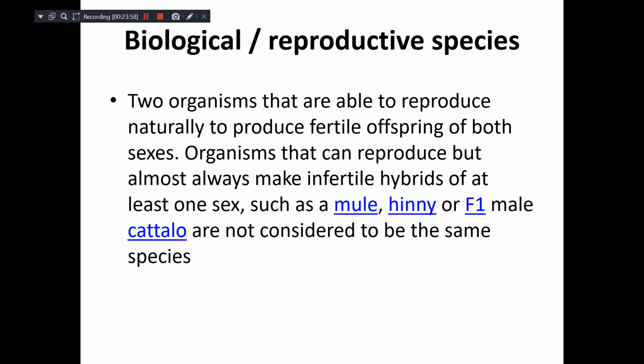The individuals should be able to reproduce naturally, and the offspring should be fertile. Even the offspring thus produced should be able to reproduce, and the offspring should include both sexes, male and female, and both of them should be able to reproduce. So this is what we call reproductive species.